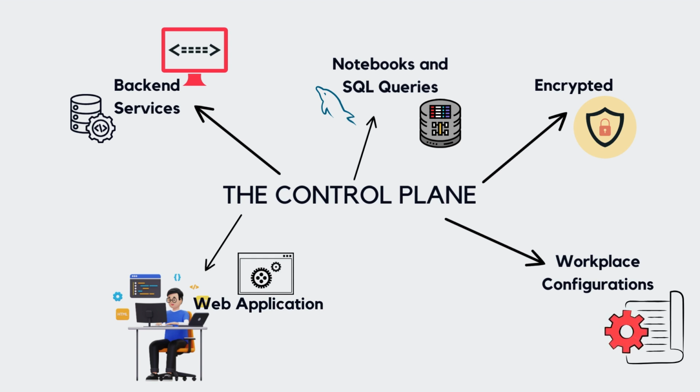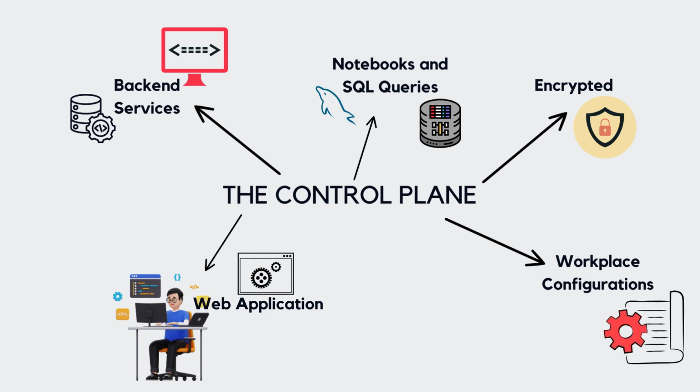The web application is the layer that allows the user to interact with features and functionality on the compute plane through the backend service at the control plane. The web application also provides the UI for notebooks, jobs and queries, and cluster management.